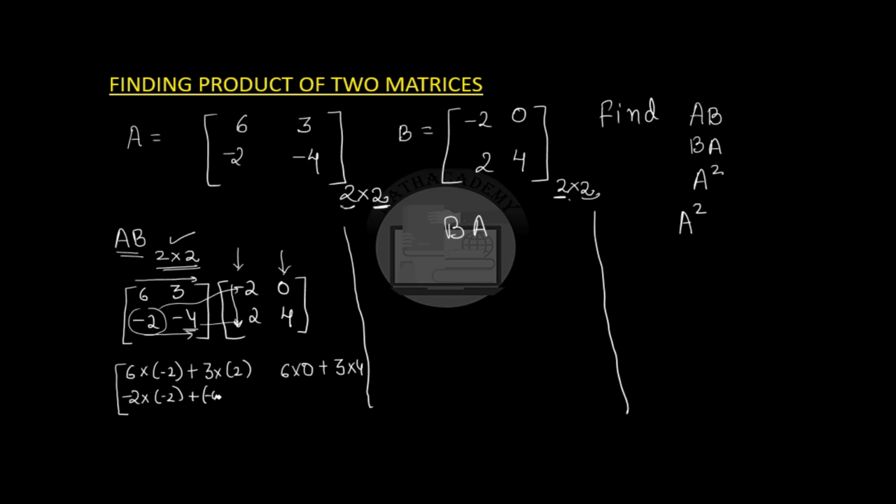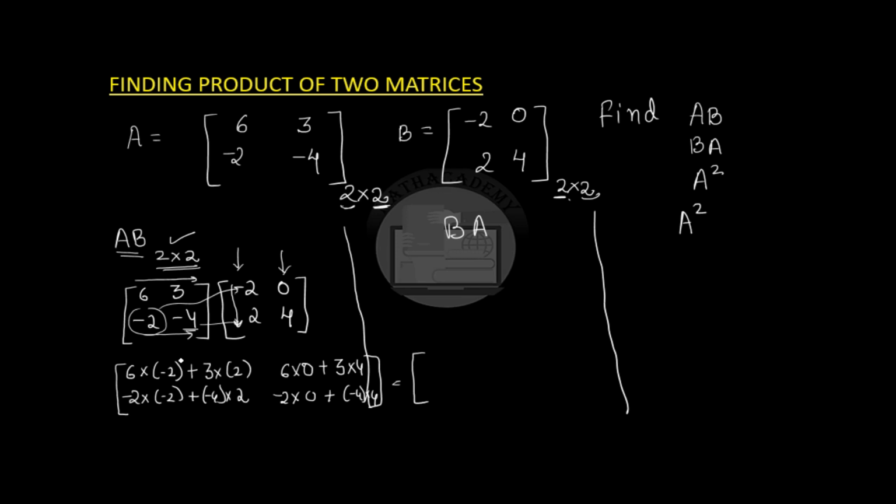So minus 4 times 2, and we have to add these two products. The second row again gets multiplied to the second column of matrix B. So it will be minus 2 times 0 plus minus 4 times 4. Okay.